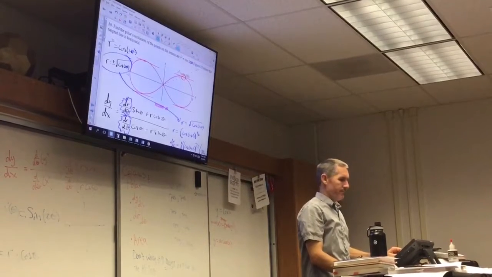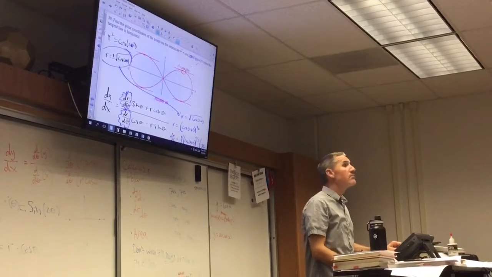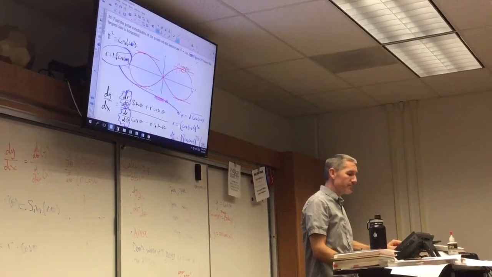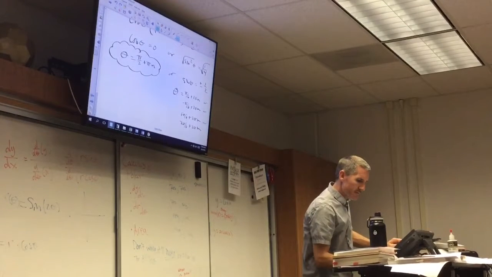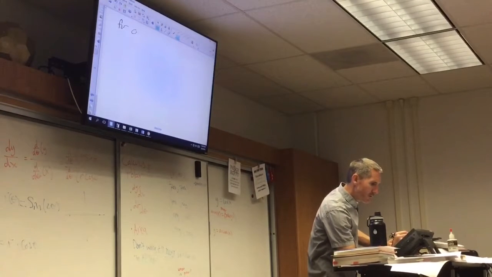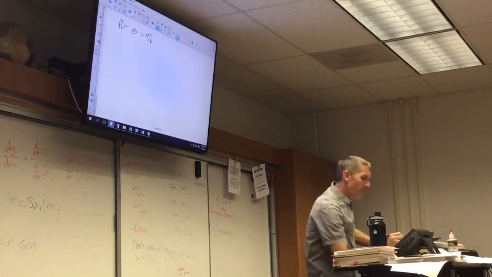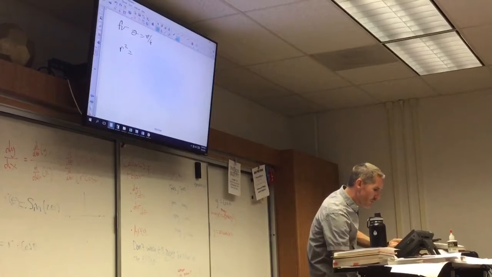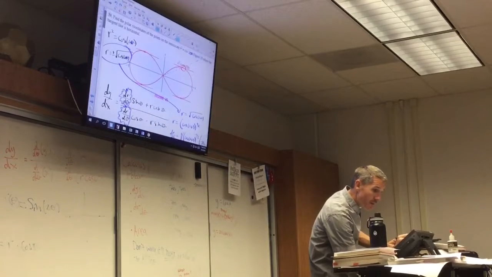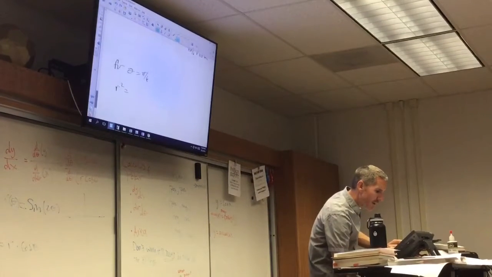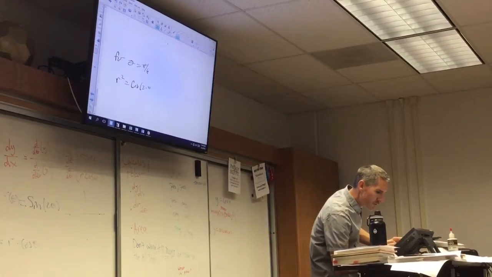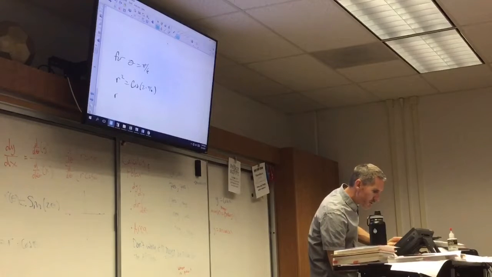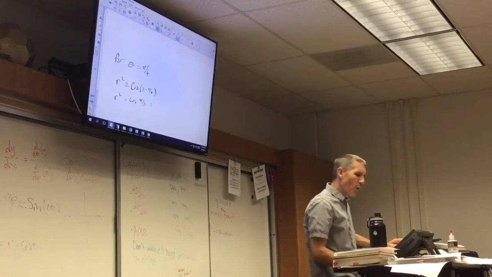Gosh, what do I do here? Let's plug in pi over 6 and let's see what we have. So 4 pi over 6. My r squared is equal to cosine of 2 theta. r squared equals cosine of pi over 3, which is equal to what?